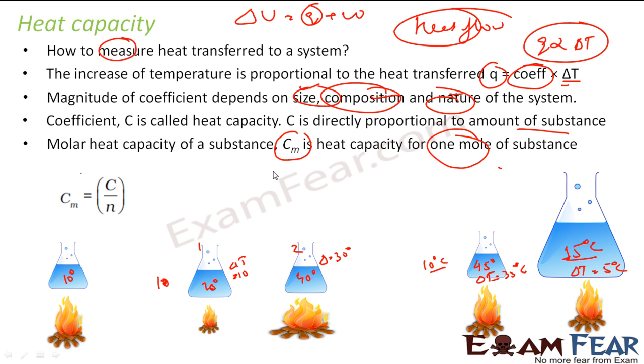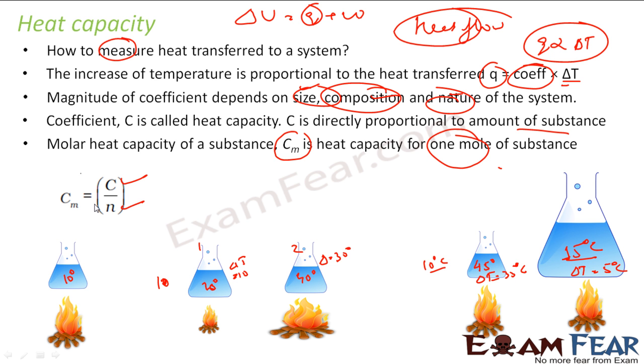But since heat capacity depends on the amount of substance in the system, it is an extensive property, so we have molar heat capacity. That is the heat capacity of one mole of substance, the heat capacity divided by the total number of moles. For such quantities that depend on the amount of the system, we generally have molar volume, molar heat capacity, and things like that.